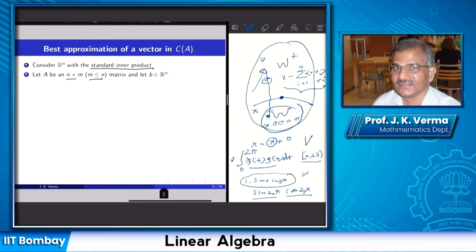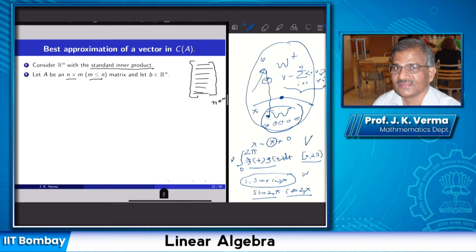So the number of columns is smaller than the number of rows, so it's a tall matrix. Take a tall matrix, and this is an n by m matrix.